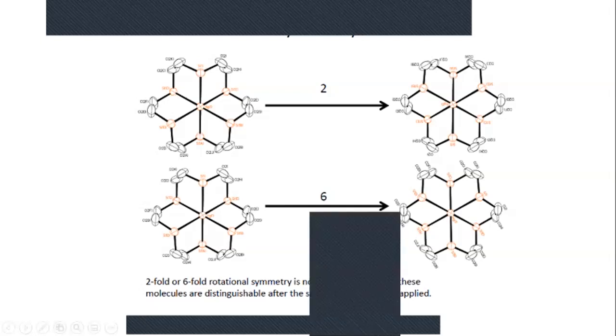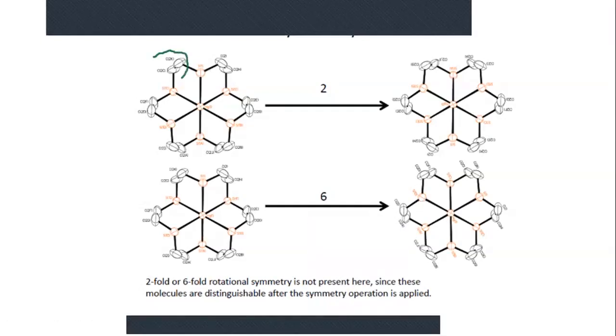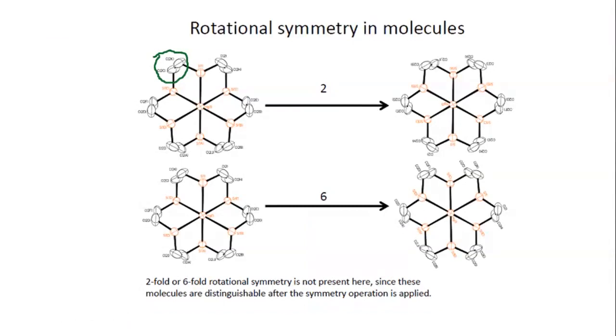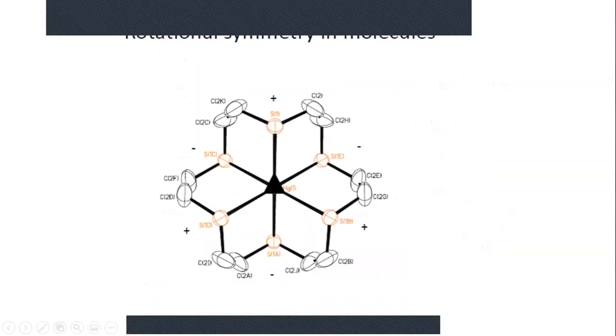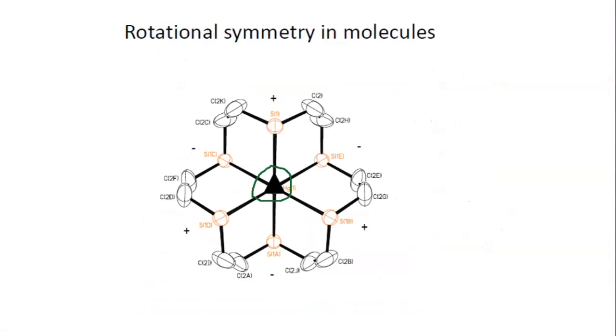It's not the exact same thing. If we look here and here, these are different. So they're distinguishable. So it wouldn't have twofold or sixfold symmetry. It would actually have a threefold symmetry within it. So that triangle here represents that this molecule has threefold symmetry.